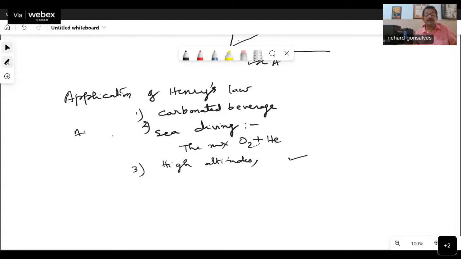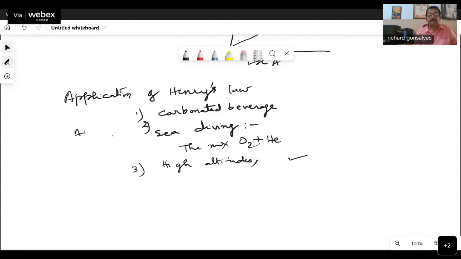You will have lower concentration because we know that hemoglobin combines with oxygen to form oxyhemoglobin. If you don't get enough oxygen, there will be a problem. Therefore, at high altitudes, this problem is there. When the outside pressure is less, solubility is also less. Yes, this should be known.